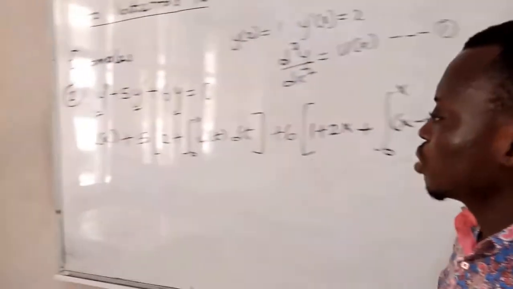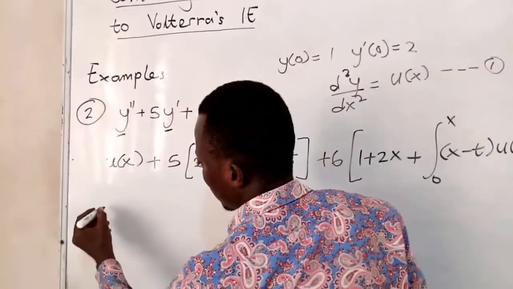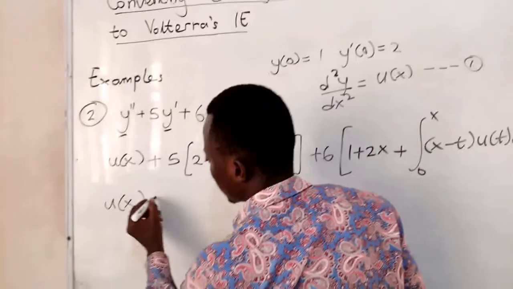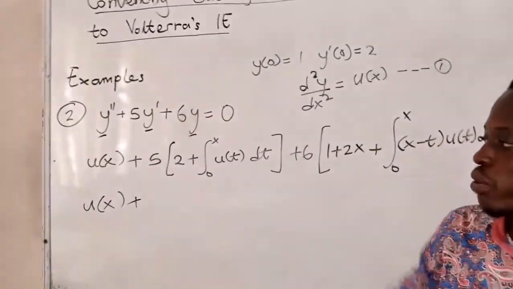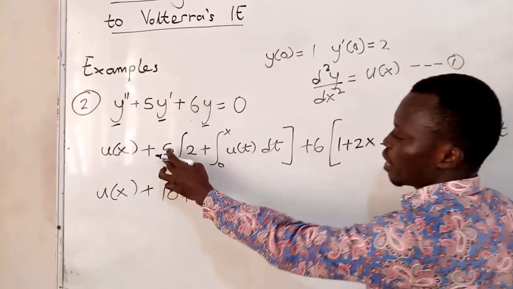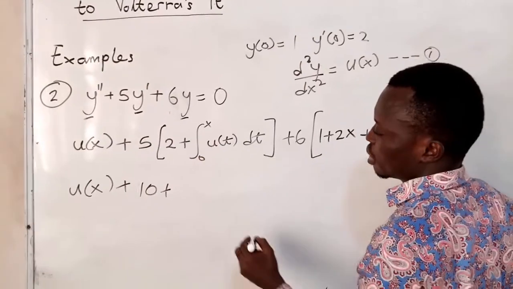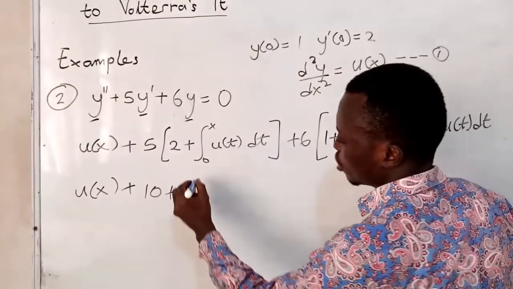Now let's do our algebra here. This is the same as u of s plus 5 times 2, we're going to have 10, plus 5, which is a constant. Can I just bring it inside the integral sign, since integration is a linear operator?